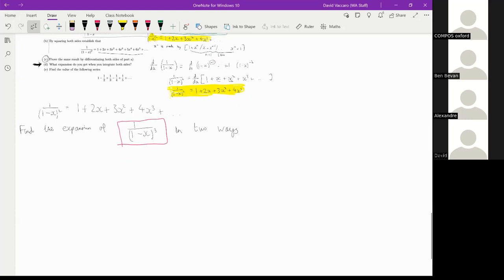Okay, so I'm going to do both of these ways. So let's look at 1 over 1 minus x cubed. And let's do it by multiplying Taylor expansions together. So we've got 1 over 1 minus x times 1 over 1 minus x squared, which as Taylor expansions is 1 plus x plus x squared plus x cubed plus dot, dot, dot, multiplied by 1 plus 2x plus 3x squared plus 4x cubed, and so forth.